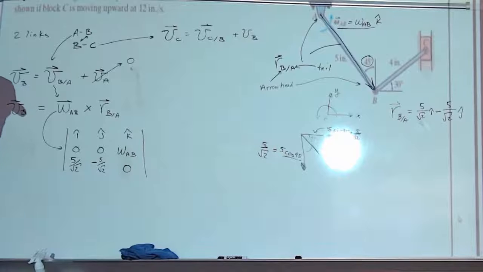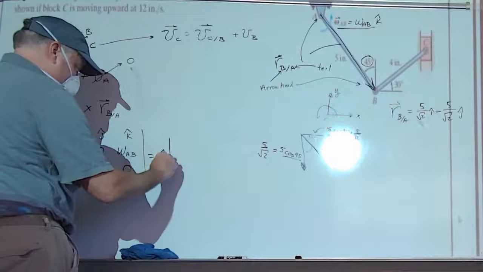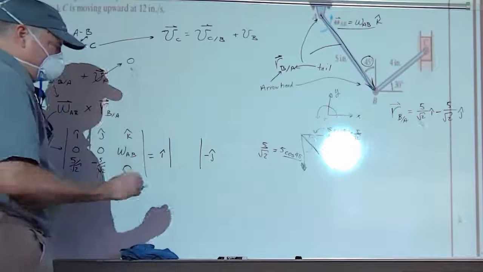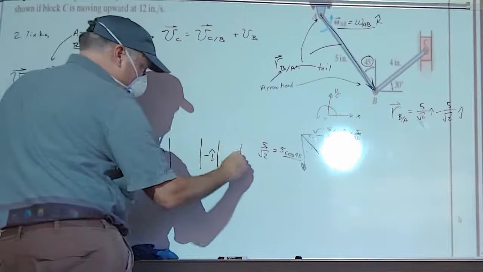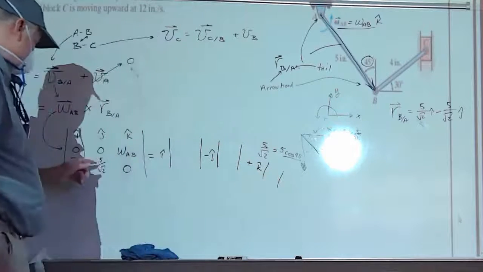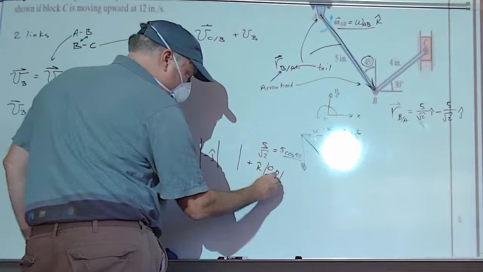It's planar motion. So what you end up with, the i minus the j. And I guess I could put k, but this part of k is 0, 0, 5 over square root of 2, 5 over square root of 2.